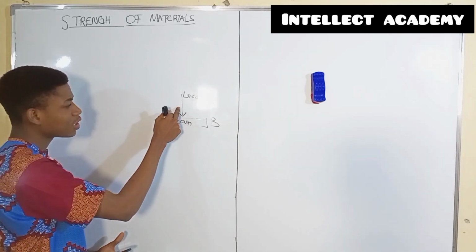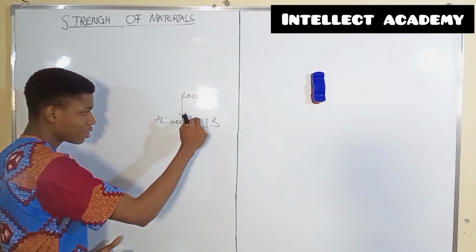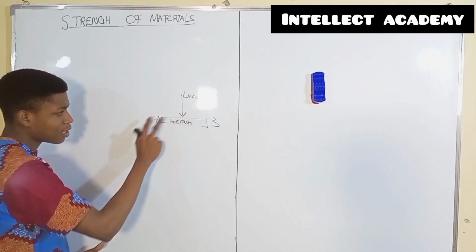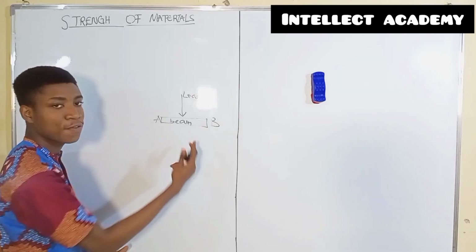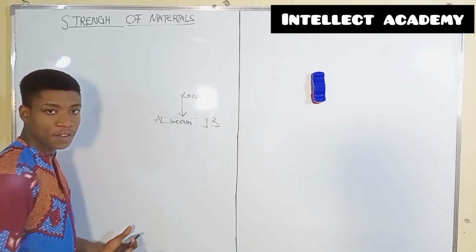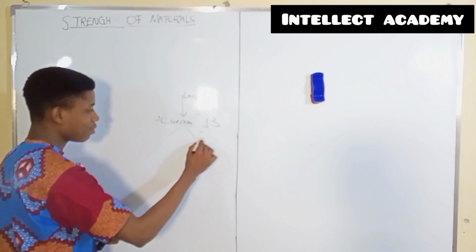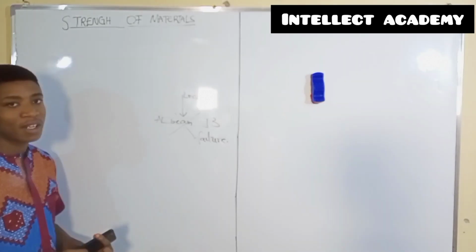Of course, this load is generated from the external force. The ability to withstand this is strength of material. Now, I told you that if this external load is acted upon the material, it deforms. Excessive deformation can lead to breakage or failure of the material. That is strength of material.